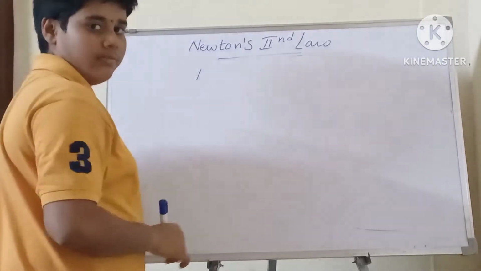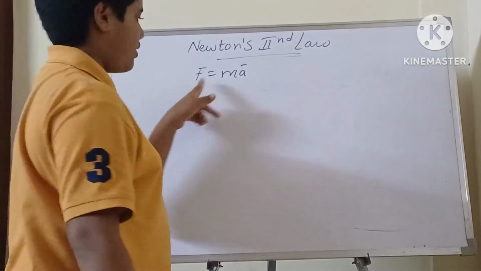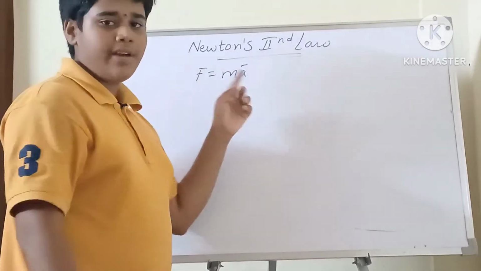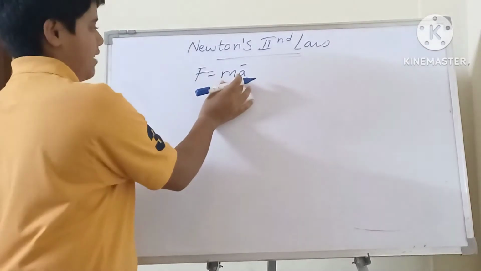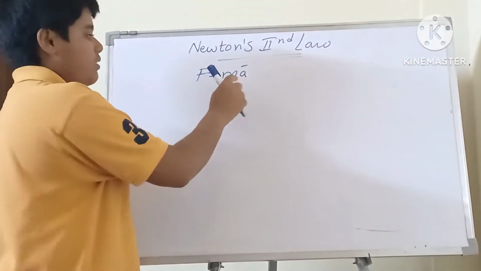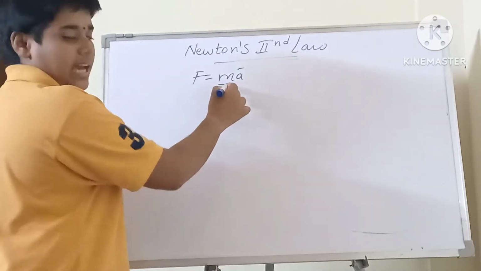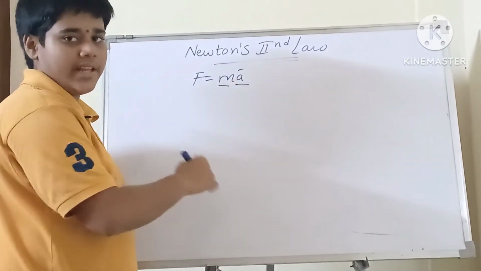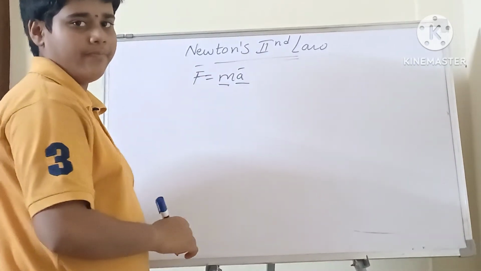We have to derive F is equal to ma. Force is equal to mass into acceleration. Here mass into acceleration means scalar into vector. Here this is scalar, this is vector. So force is a vector quantity.